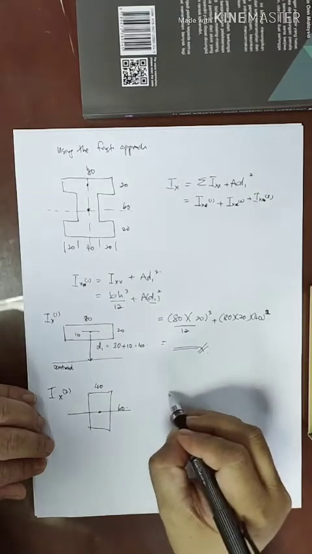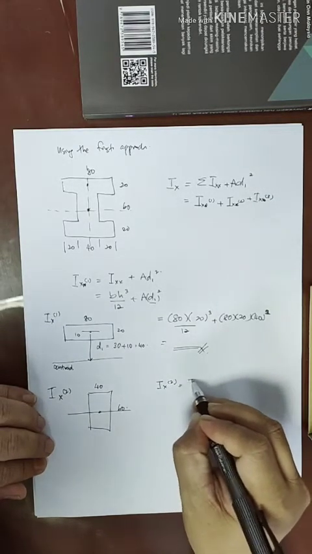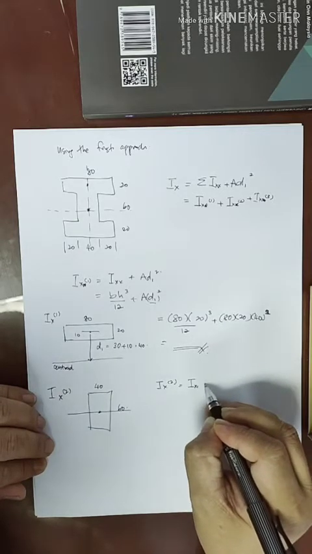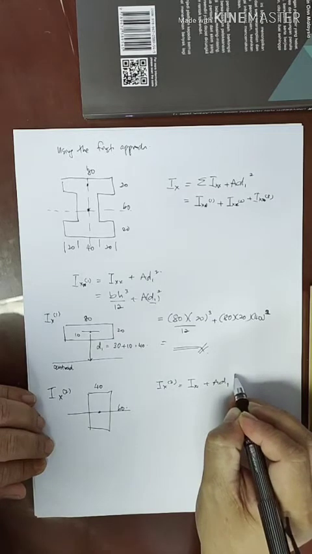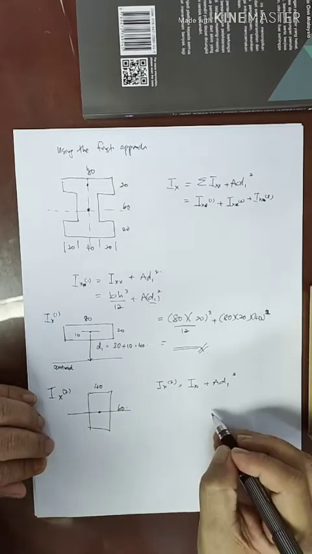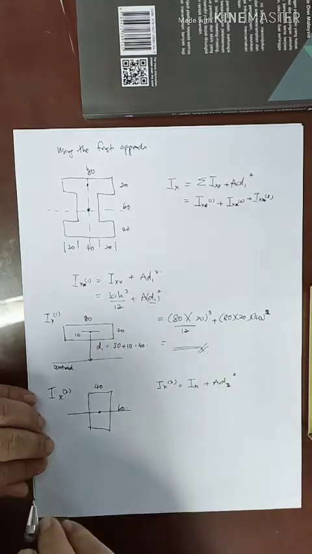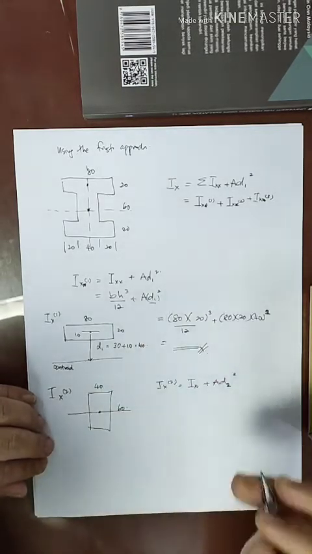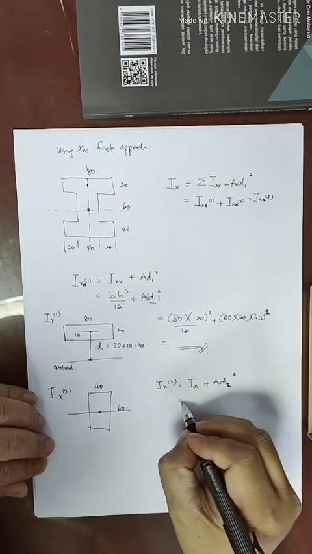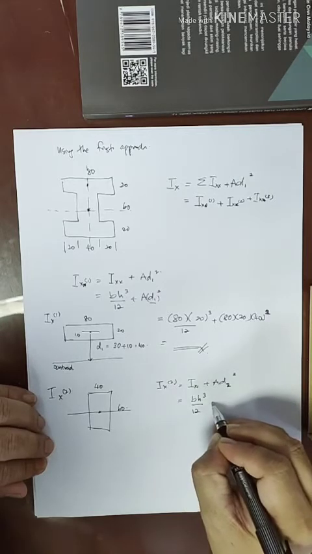The Ix2 is equivalent to Ixx plus A d2 squared, to separate part 1 and part 2, equivalent to bh cubed over 12.